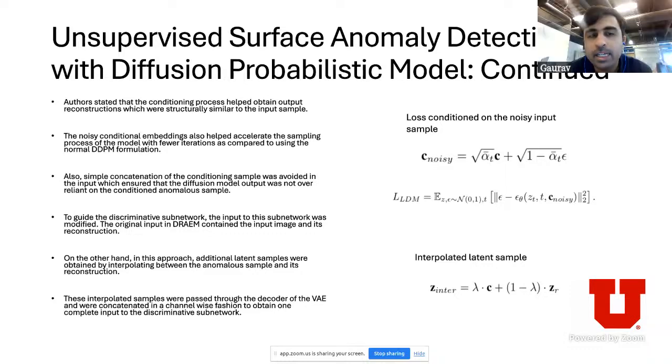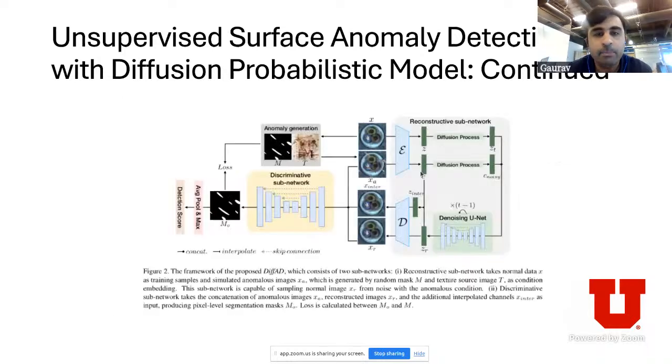Yes, yes. So basically, at this point in time, I have talked to you about the training process as well as the generation of the noisy conditioned samples. In this case, I do have a diagram which illustrates this process, and we see that an encoder is used to generate the latent vector along with the condition vector.